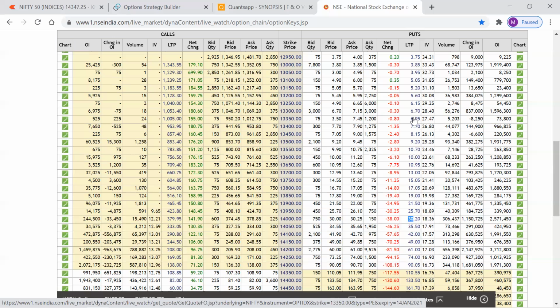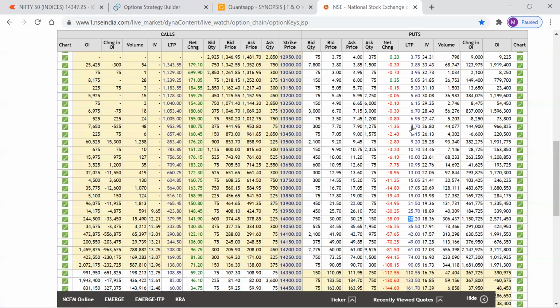They appear cheap, but they are not very profitable. Look at the premium of 13,150 and of 13,000. It's just 3 rupees, 5 rupees, 6 rupees. All these are deep out of the money strikes. They look very cheap, but if we fall for the trap, they are not very profitable.